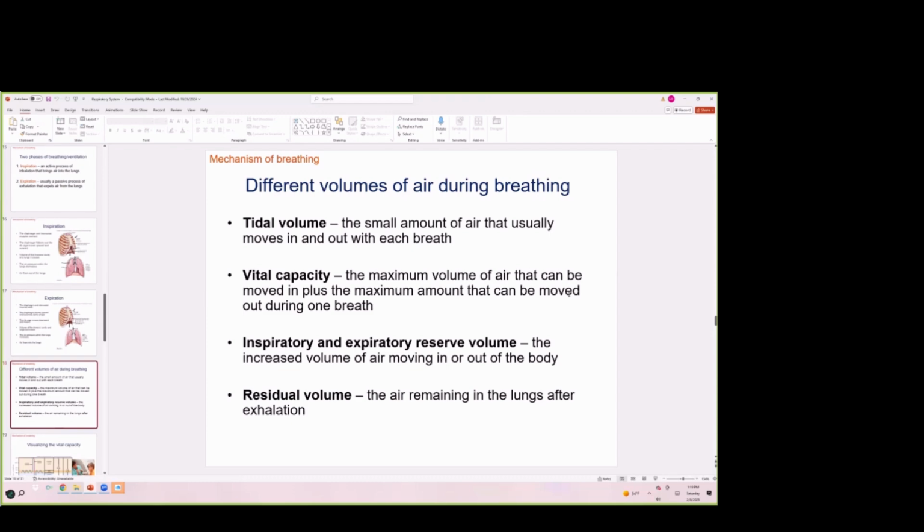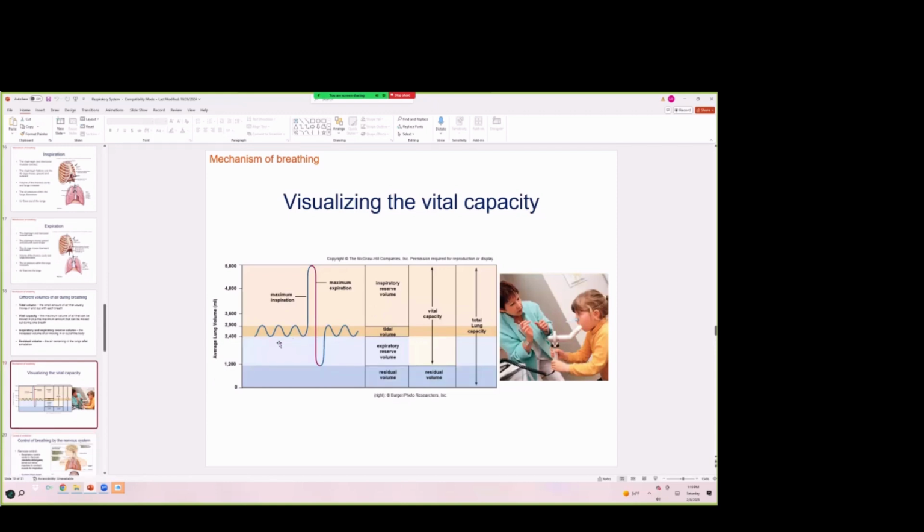The inspiratory and expiratory reserve air is the increased volume of air moving in and out. This is normal breathing, and then the extra inspiration and extra expiration is measured using a spirometer, so they are able to understand how well our lungs are functioning.